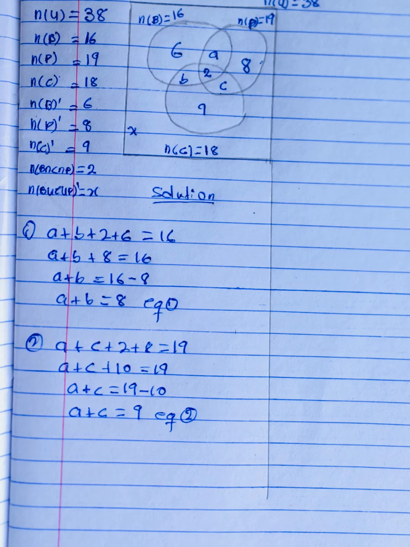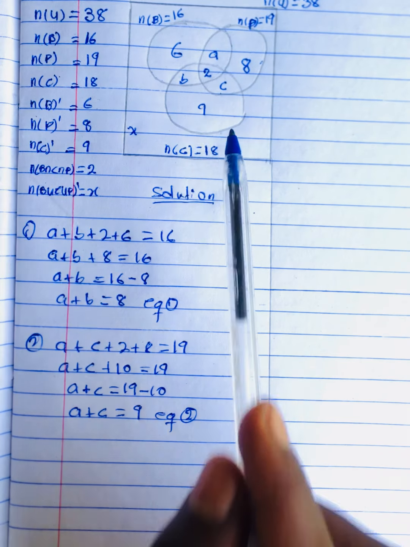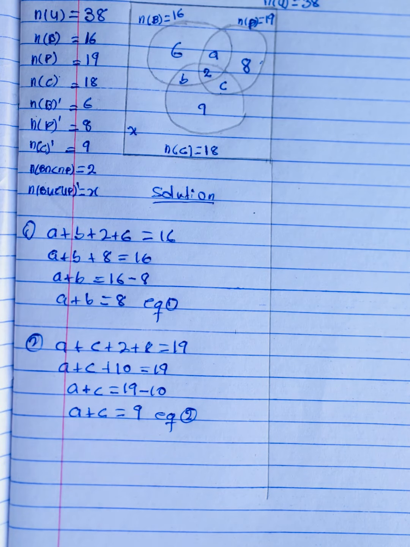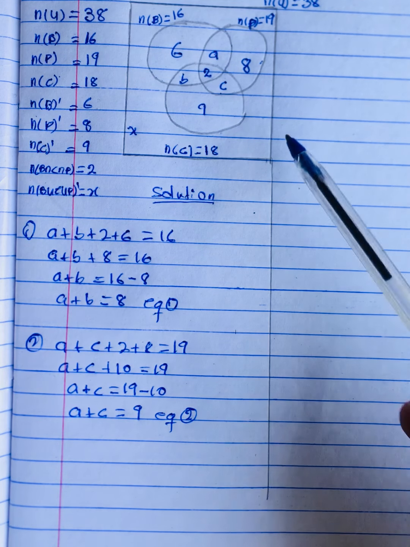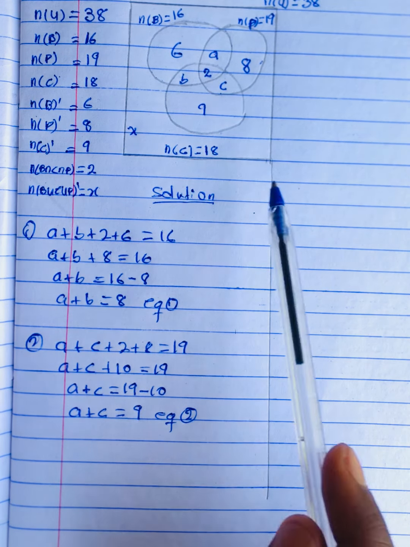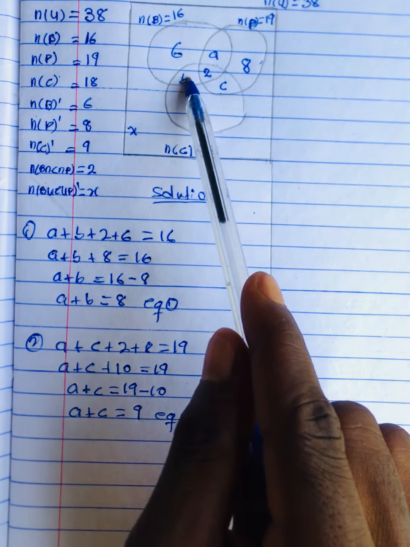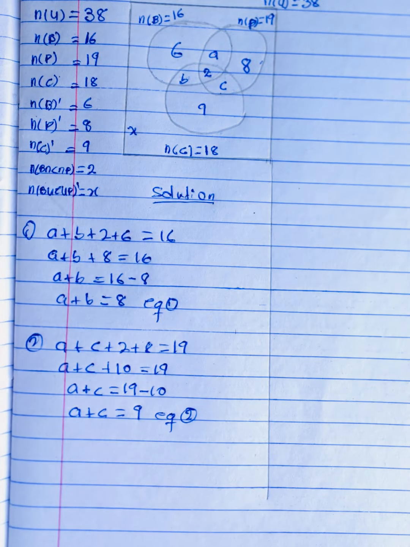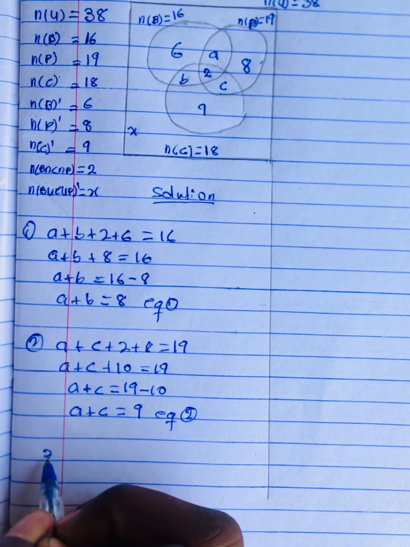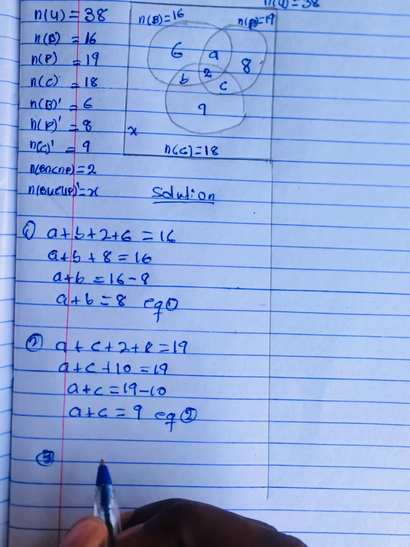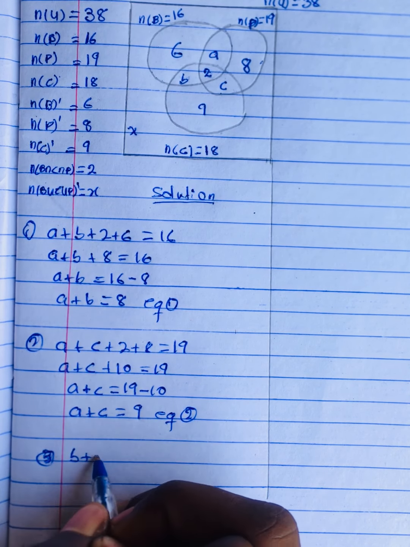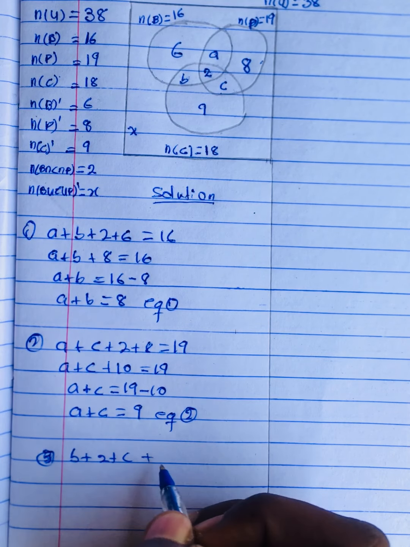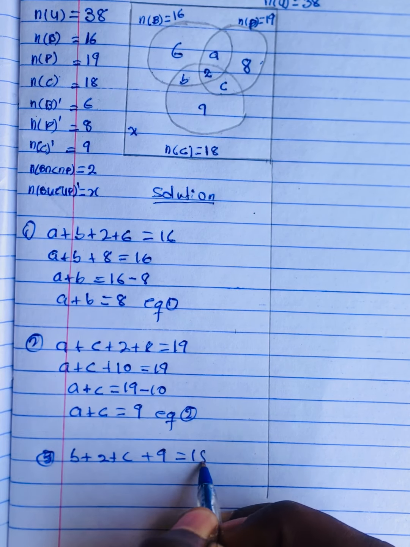Wow. So let's come to these aspects. This thing is very fun. Just follow and subscribe for more mathematical concepts like this. So let's take this one, chemistry. We know that this plus this plus this plus this will give us 18. So let's call it 3. B plus 2 plus C plus 9 is equal to 18.